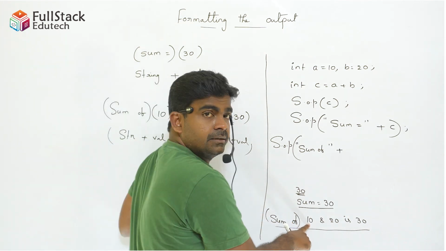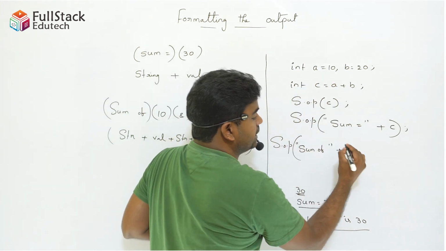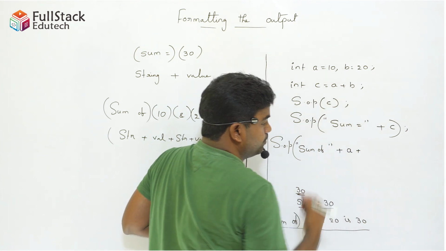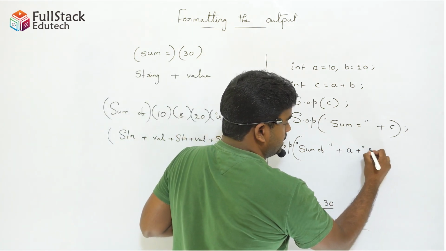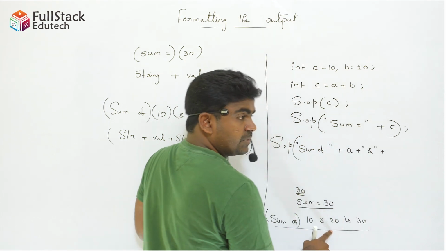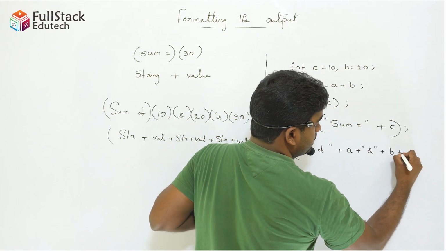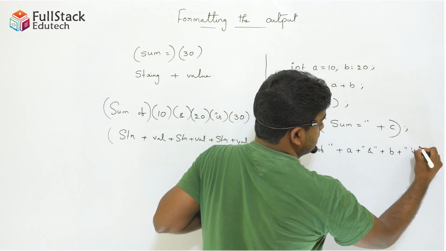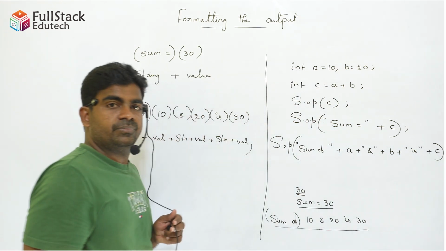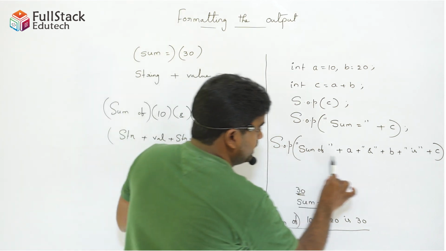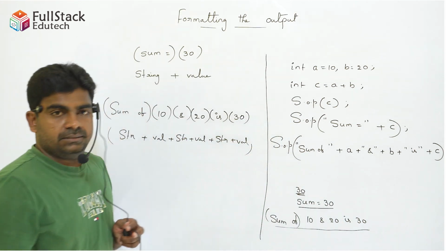The value is 10. 10 is in which variable? A. Plus. Next one is "and", it's a string. Plus. Next one is B. Plus, it is a string. Plus C. This is the way. When you specify this, the output will come like this.